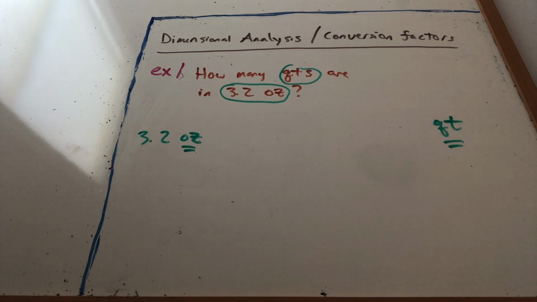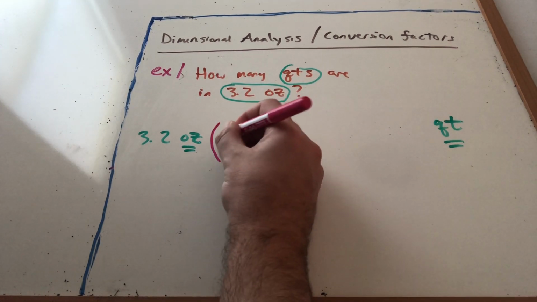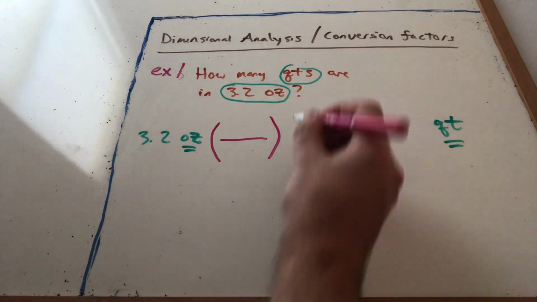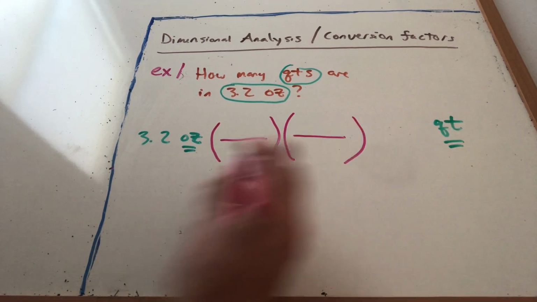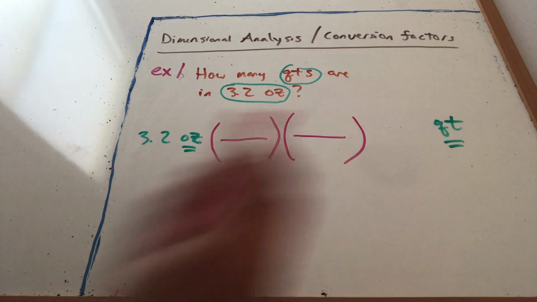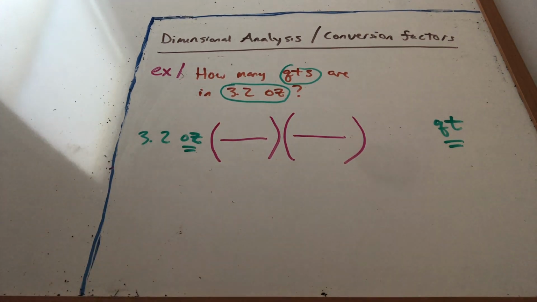You look for an intermediary, all right? I do see information that relates ounces to centimeters cubed. And I do see information that relates centimeters cubed to quarts. So here's the thought process. Find a way to build conversion factors that takes you from the information that you're given to the place that you're trying to go.